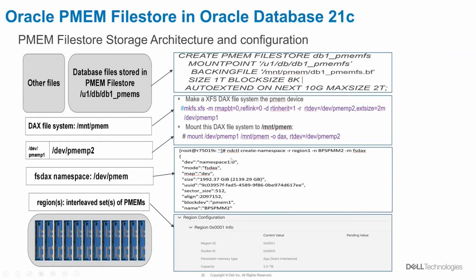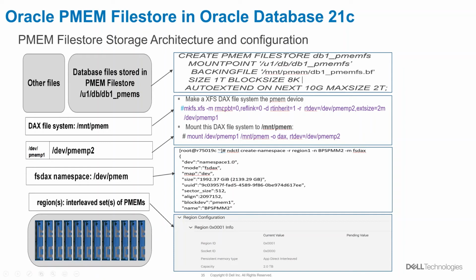In this case, namespace is very similar to a device, but it's not a block device. It is just a PMem device. Then on top of the PMem device, you create a DAX file system. This is the command to create an XFS DAX file system. By using the DAX file system, you can bypass the memory copy.